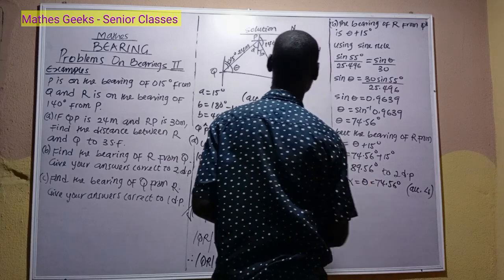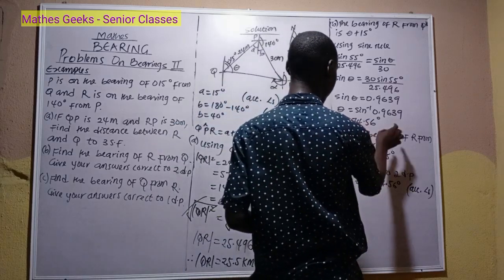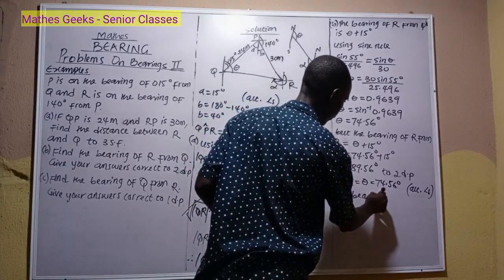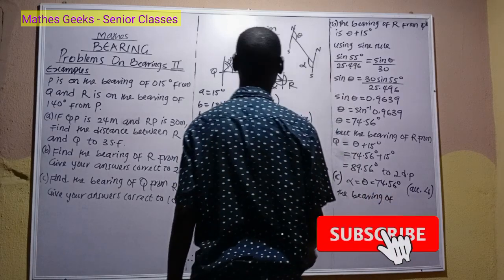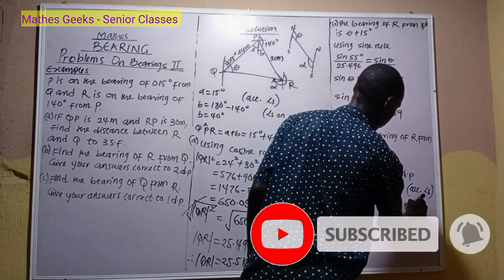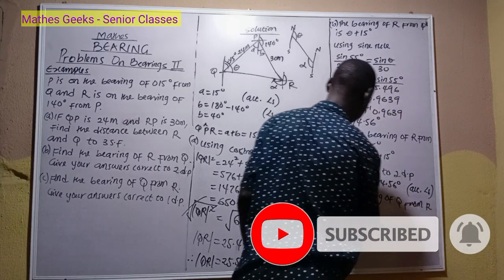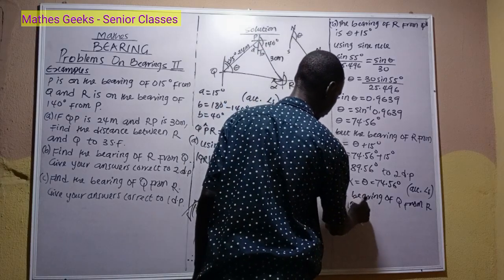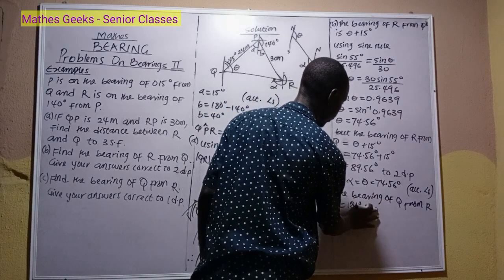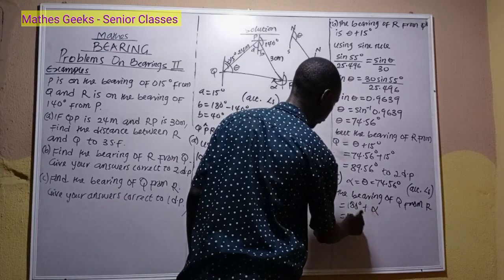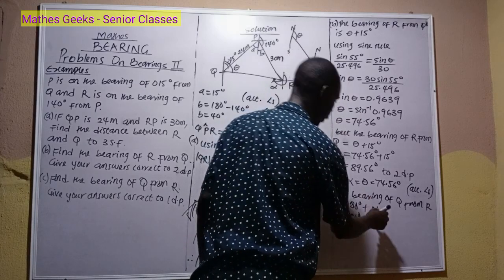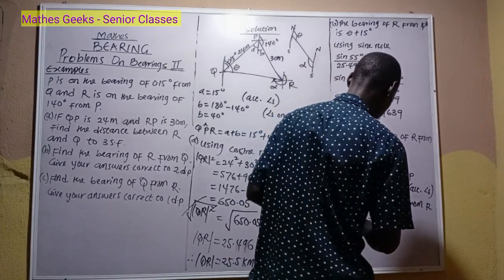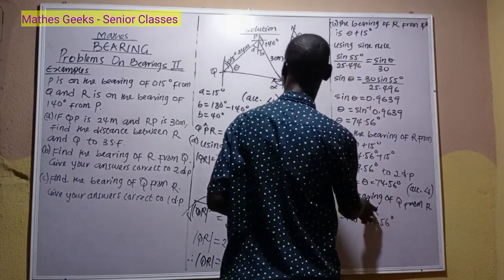Theta is 74.56 degrees, but we know that the bearing of Q from R is equal to 180 degrees plus alpha.